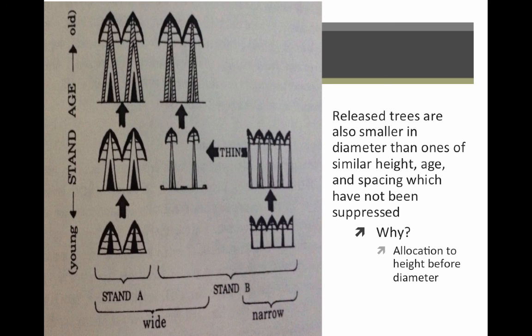When resources are limited, the tree is allocating first to this increase in height compared to increasing in diameter. So in stand A, the resources haven't been limited. So it's increasing in height and in diameter. Whereas in stand B, at this point, it's still increasing in height as much as stand A, but it's not able to put as much resources into diameter.